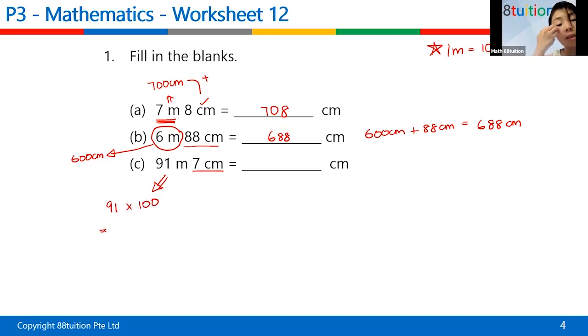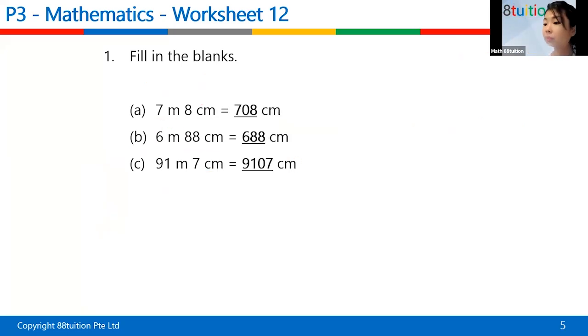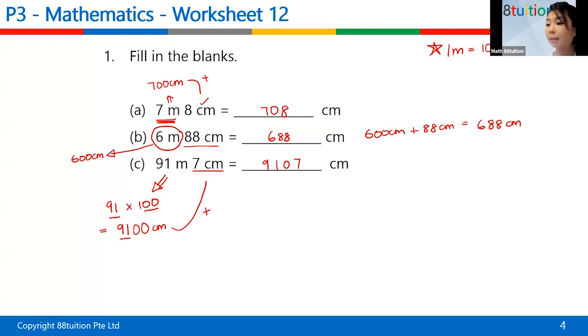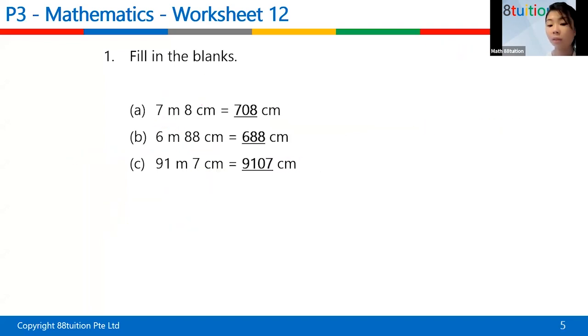Whenever I times a number with zeros, for example 10, 100, 1,000, I just keep this number as it is and I add in the zeros. Remember to add it up, so my answer is 9107 cm. As you can see, the answers are similar.